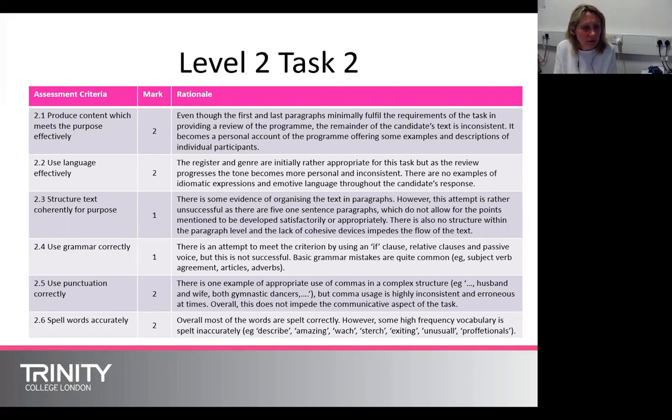The level 2.6, the lexis, most of the words are spelled correctly, but there are some inaccuracies, and the range is what affects the mark here.